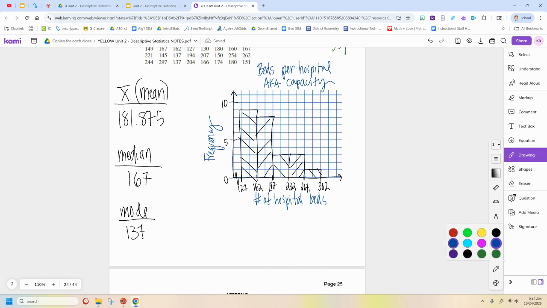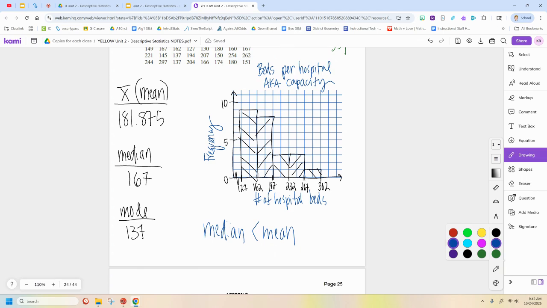So if we're looking at, I don't know, a pandemic happening, 5 years ago, were they looking for hospital beds everywhere? Yeah. And so that's a scary reality thing. And so we can look at this data and we can see that the median is less than the mean. Not by a ton, but then you start to analyze why is that happening.